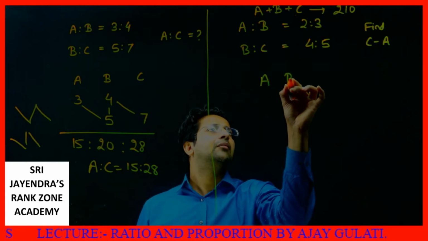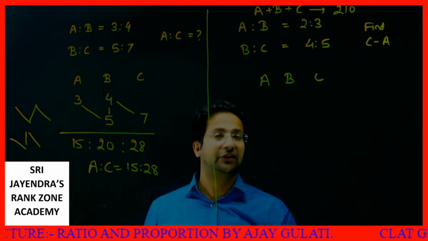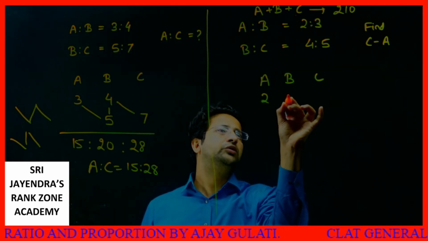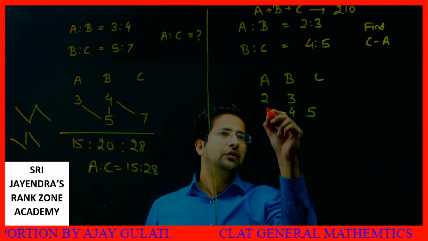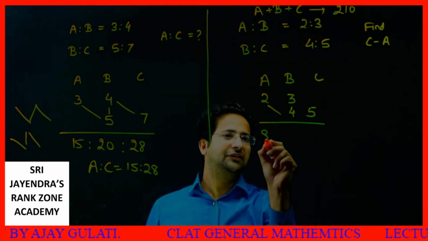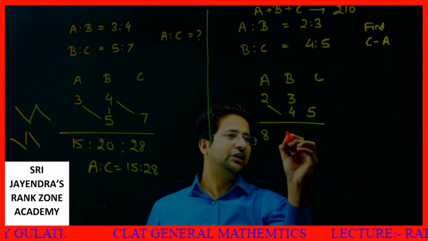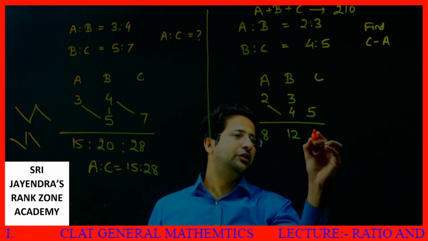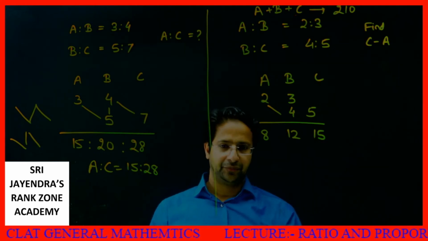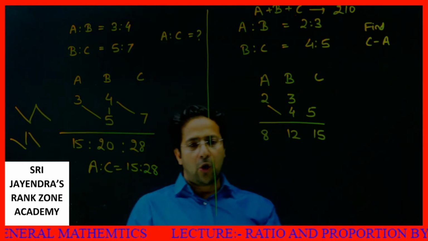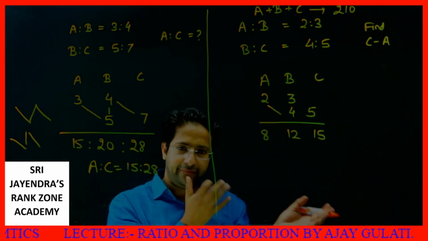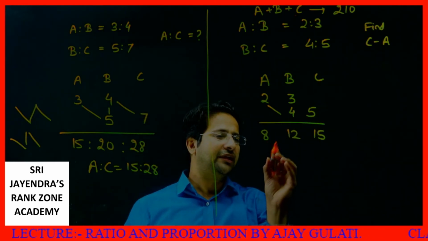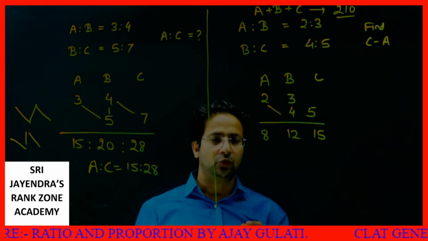A, B, C. What is this ratio? First of all 2, 3, then 4, 5. 2 into 4 is 8, this is A. Then B is 3 into 4, 12. Then C is 15. Now, I can either solve this directly or explain it to you properly. What is the sum ABC? Sum is 210.